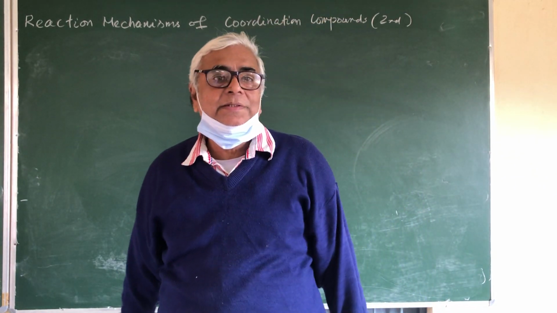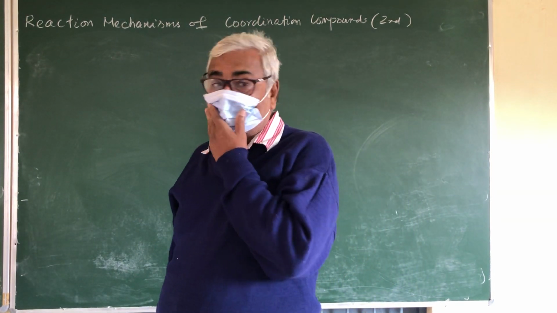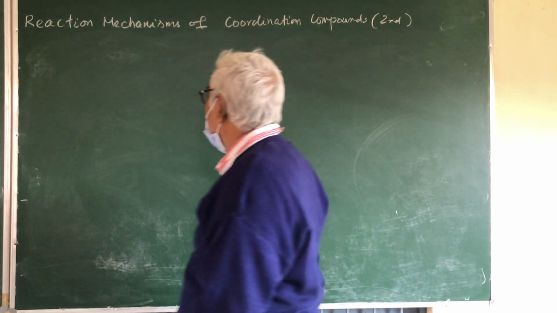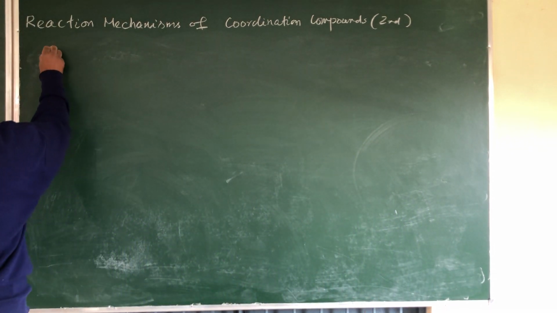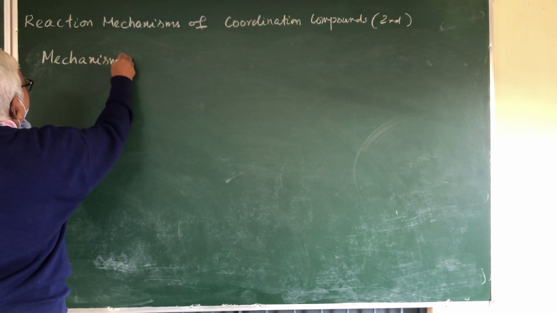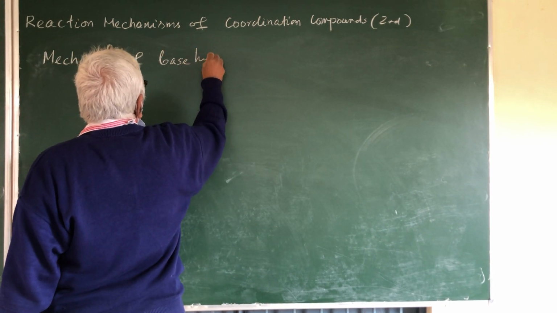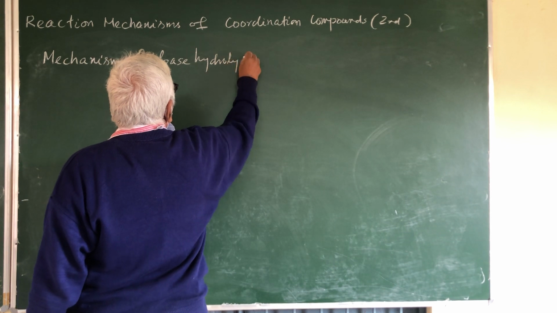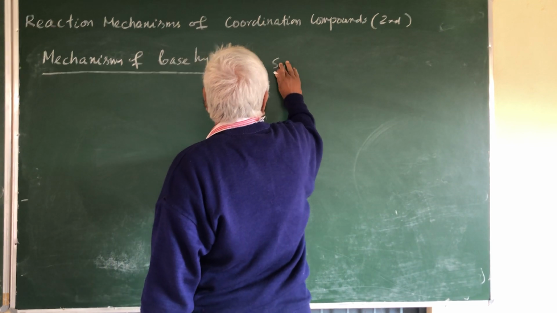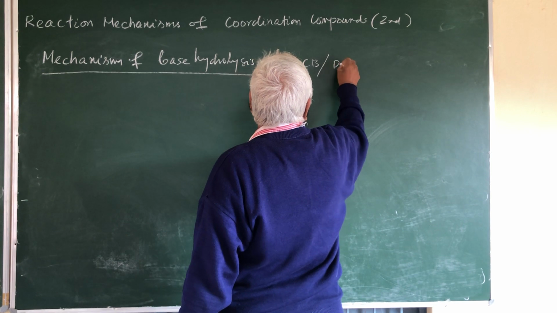So next we will discuss the mechanism of base hydrolysis. We will discuss the DCB mechanism, the dissociative conjugate base mechanism, SN1CB.